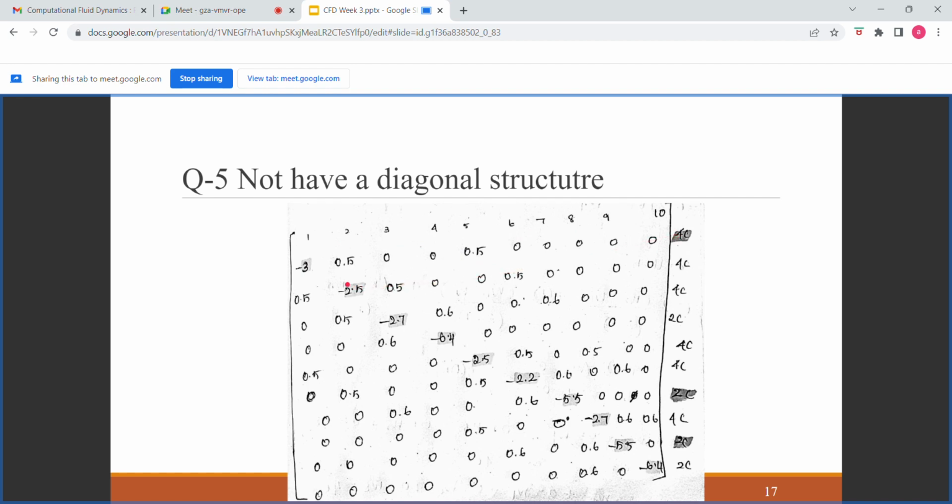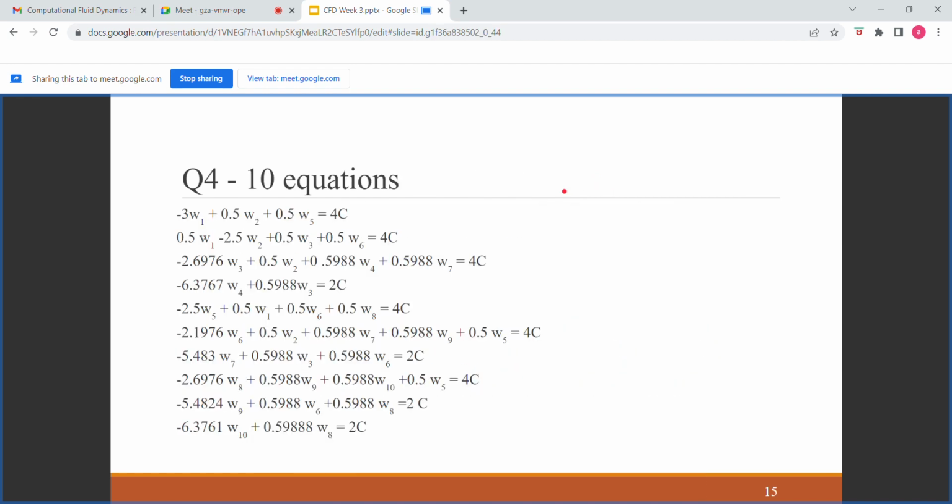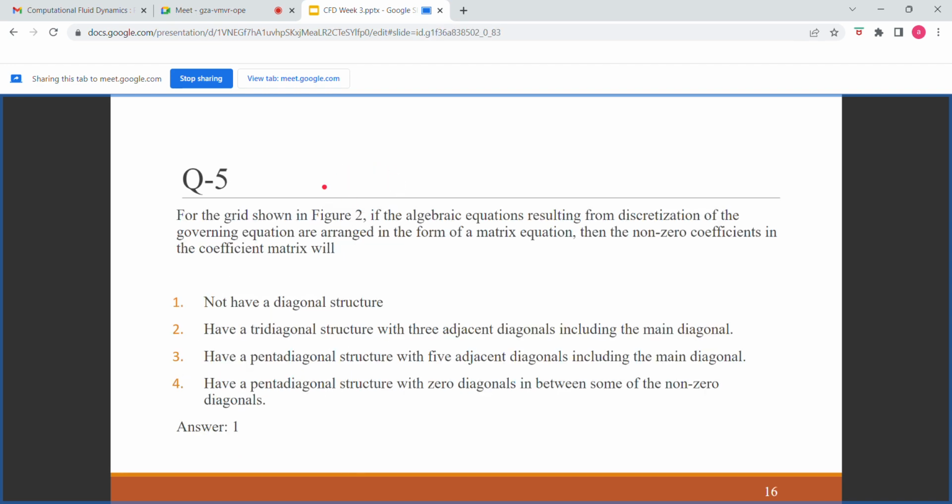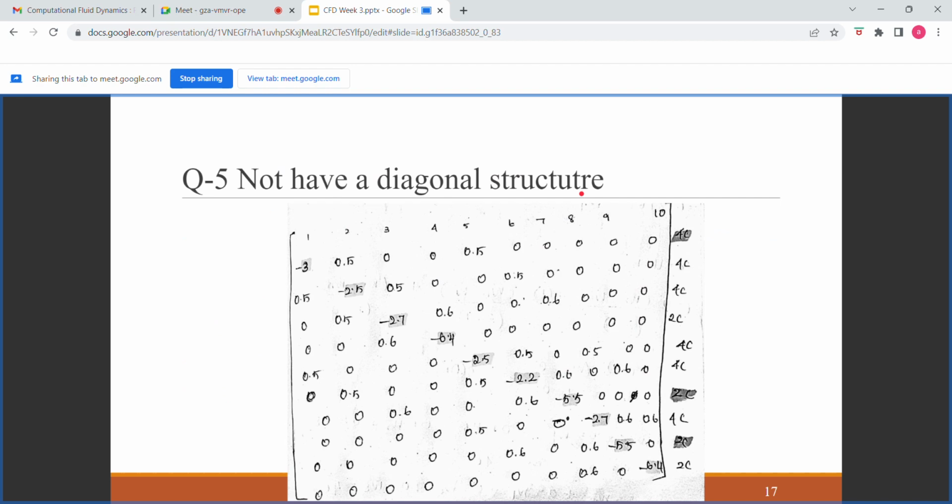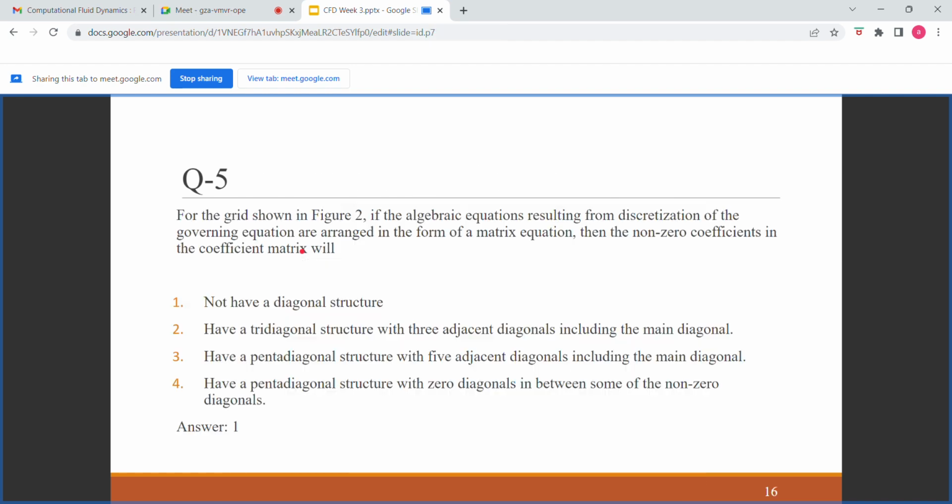This is the coefficient matrix for AW is equal to constant. We have removed the coefficients and put them separately as the coefficient matrix from W1 to W10, since we have 10 different cells, and on the right hand side we have constants. So this is AW is equal to C. When we formed the matrix, we were able to see that it was not forming any diagonal structure.